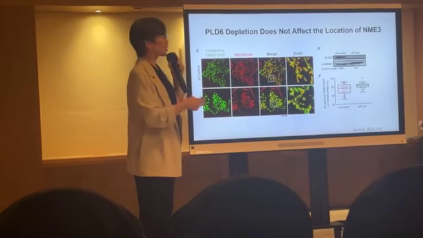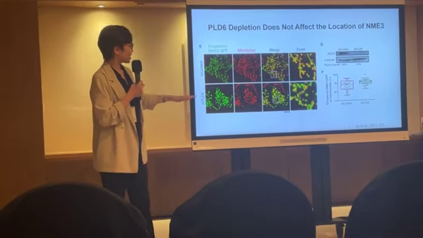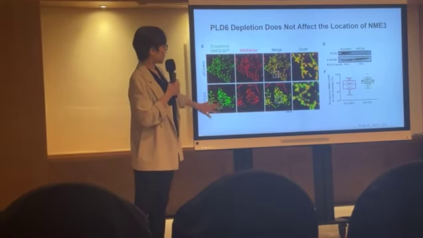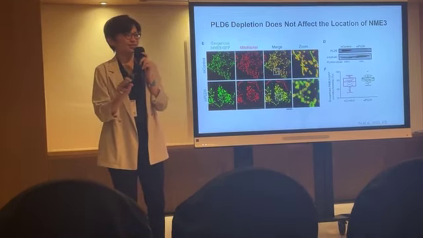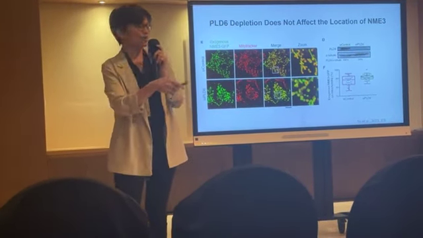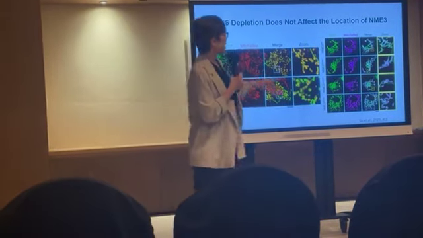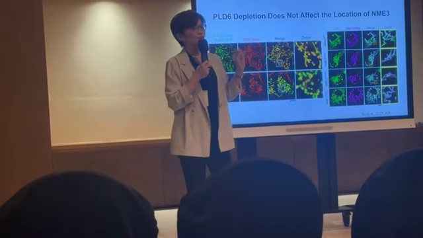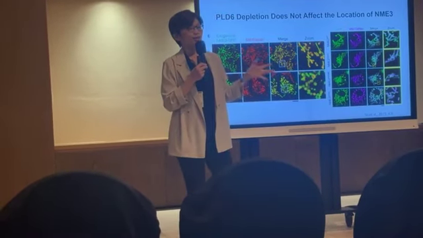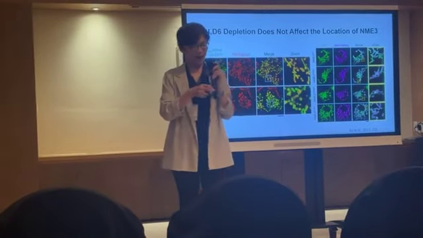However, when we looked at the full-length NMD3, that's a totally different story. The mitochondrial targeting efficiency of full-length NMD3 is completely unaffected by PLD6. Also, when we expressed an amphipathic helix formation-defective NMD3, the targeting of the full-length protein to mitochondria was perfectly unaffected.